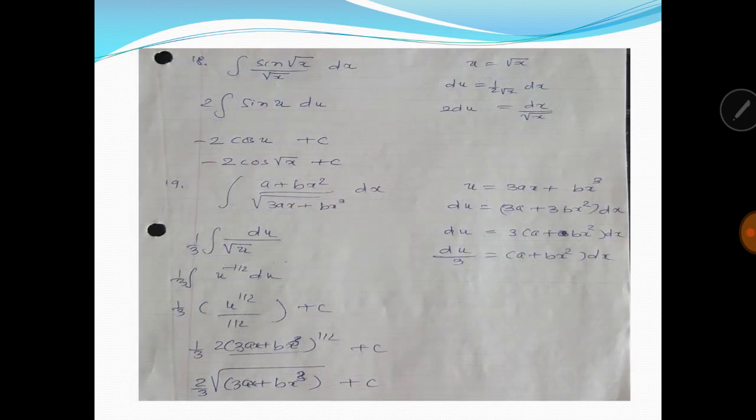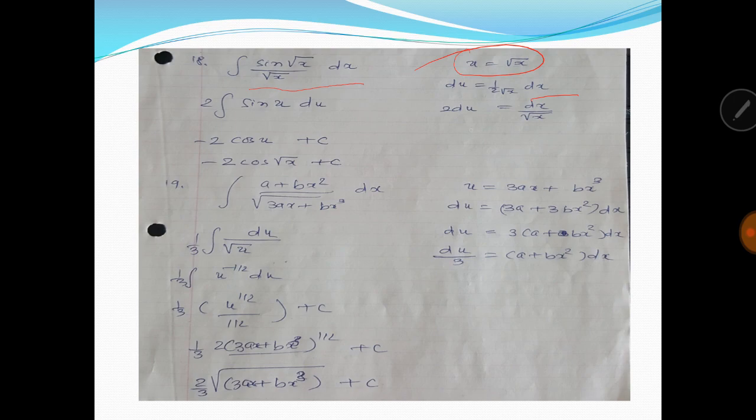This is another example where you have a trigonometric function, sine square root x divided by square root x dx. So you know that you don't have the formula for sine square root x. So replace square root x by u. So du is equal to 1 half square root x in the denominator dx.